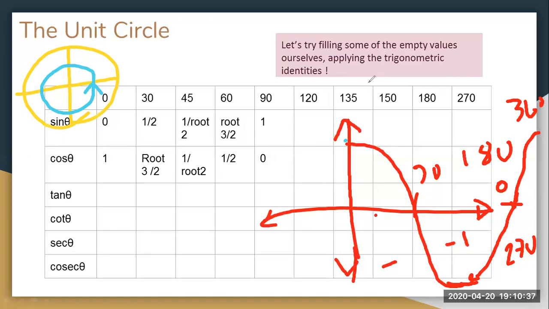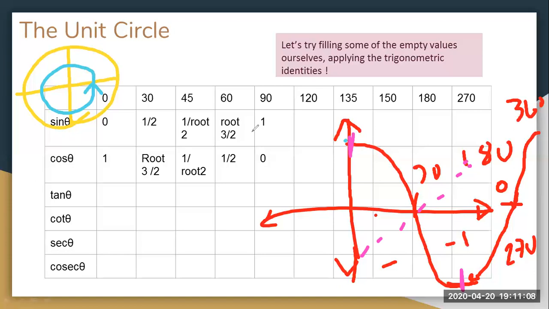So how will this help us complete our table? Let's see. Over here and over here, this thing is basically symmetrical, but this part is negative and this part is positive.